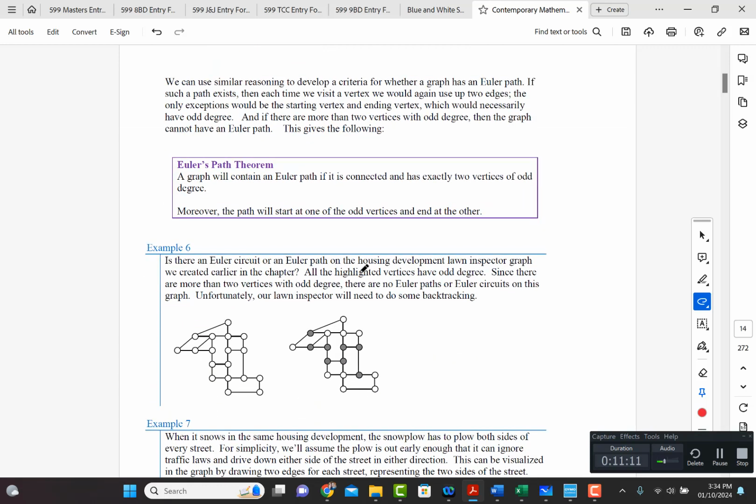Now, we can use similar reasoning to develop a criteria for whether a graph has an Euler path. If such a path exists, then each time we visit a vertex, we would again use up two edges. The only exceptions would be the starting vertex and the ending vertex, which are not the same. They would necessarily have an odd degree, right?